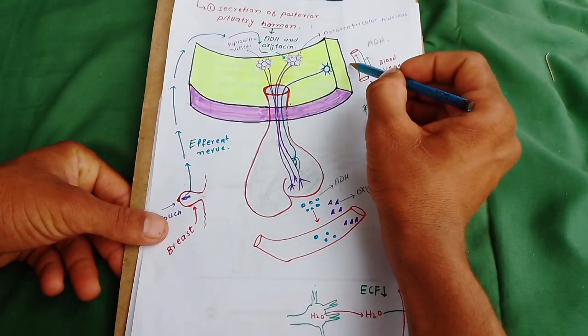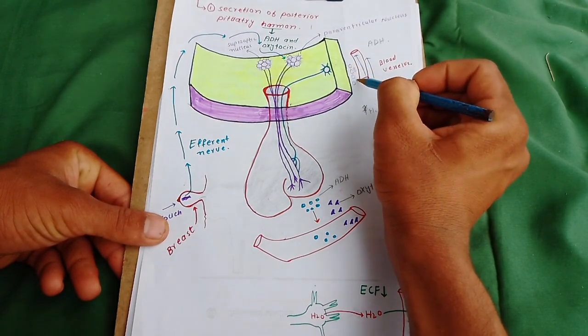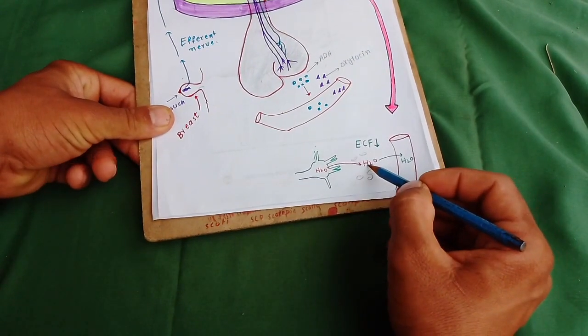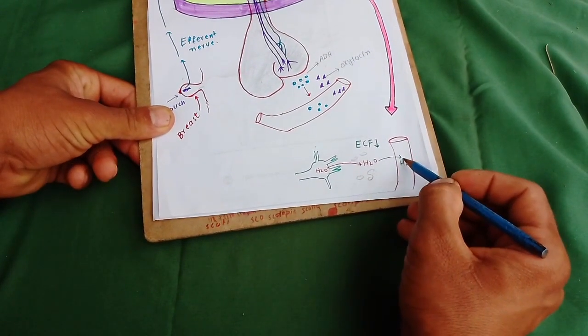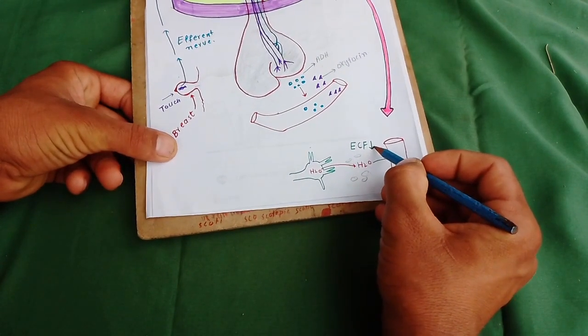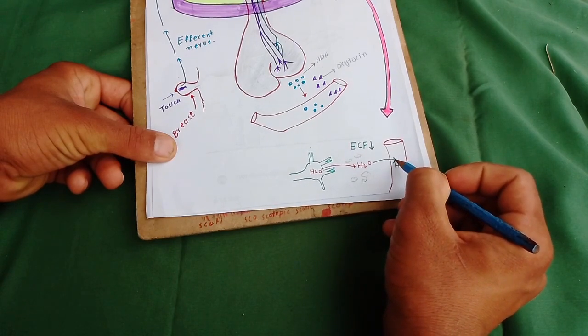When blood passes, this is the extracellular space. The water moves from this extracellular space to the blood vessel. There, the extracellular fluid decreases because the water moves into the blood vessel.